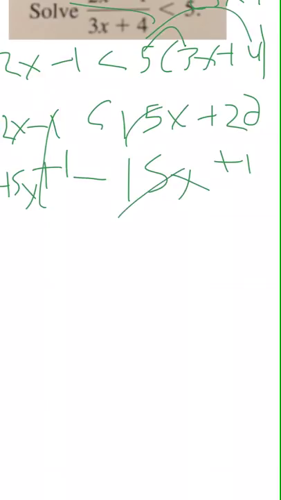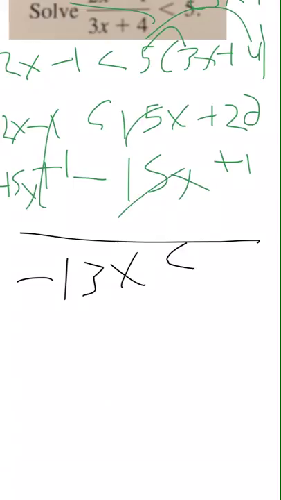So we're left with 2x minus 15x, which would be negative 13x, is less than 20 plus 1, which would be 21. I don't know why it says 22. It should be 20 plus 1, which would be 21.